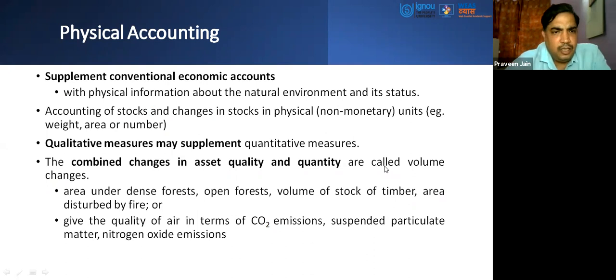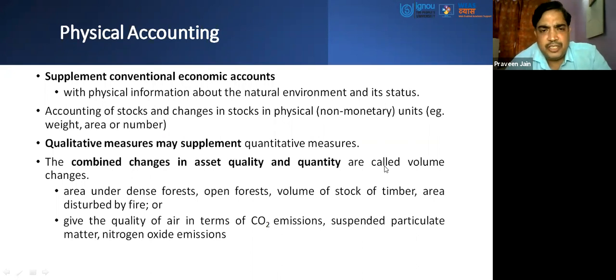The other method is physical accounting, and it gives a little bit more idea about the environmental factors. In this approach, basically we supplement the conventional system of national accounting with physical information about the natural environment and its status.